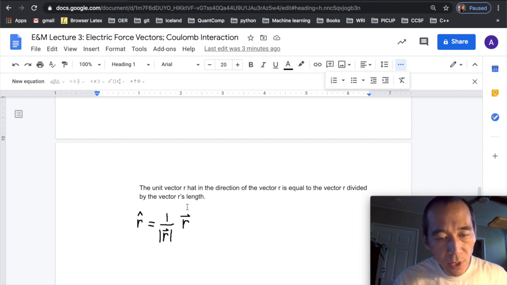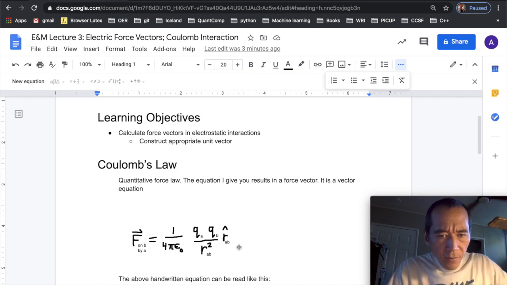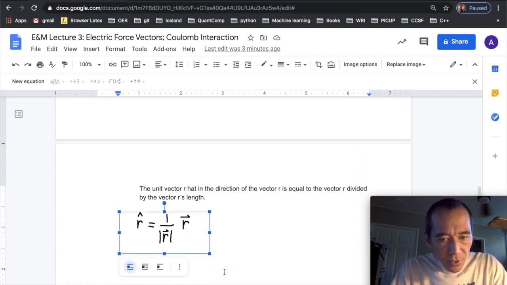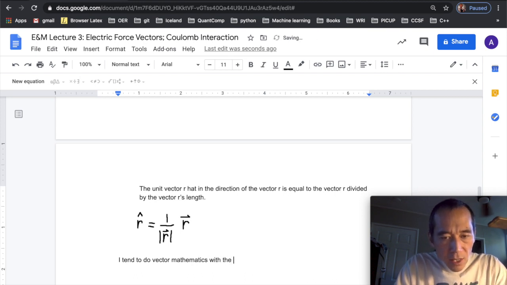I'll show you an example of discovering a unit vector in this lecture today. I want to add a comment here. The comment is this. I tend to do vector mathematics with the unit vector formalism.